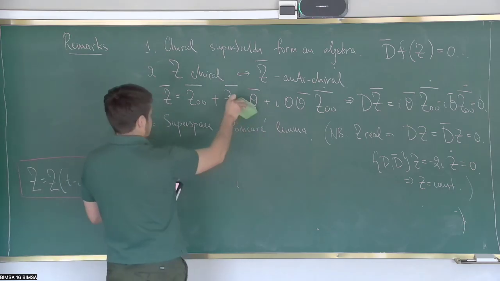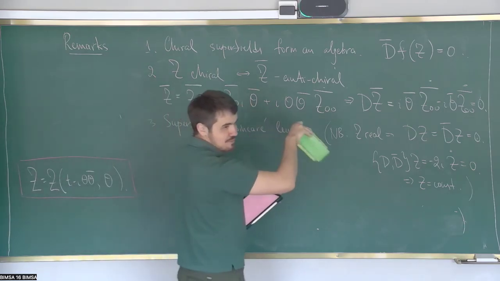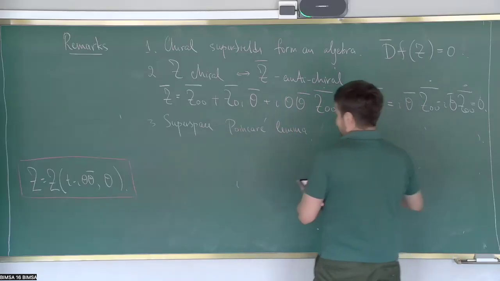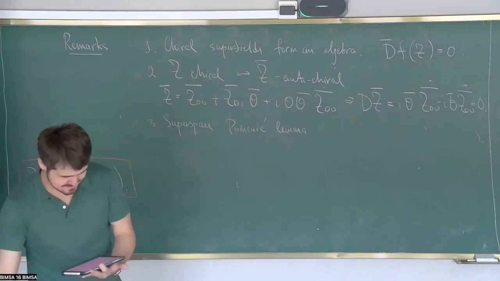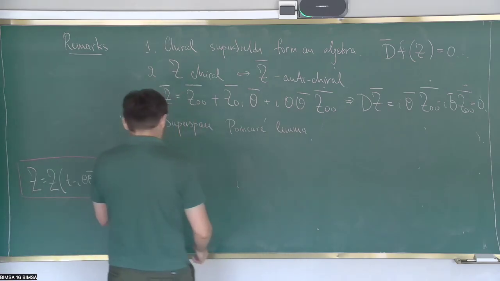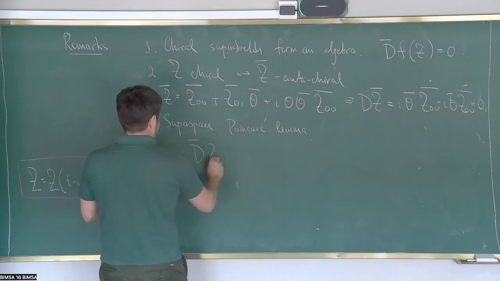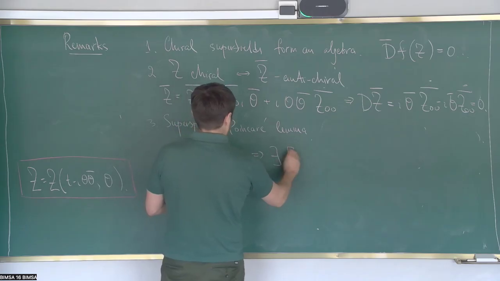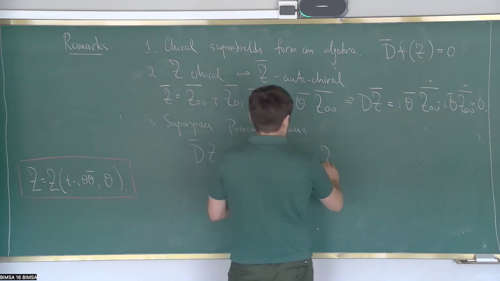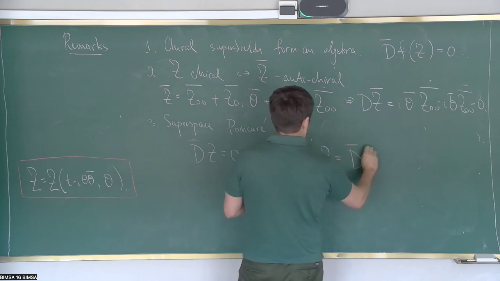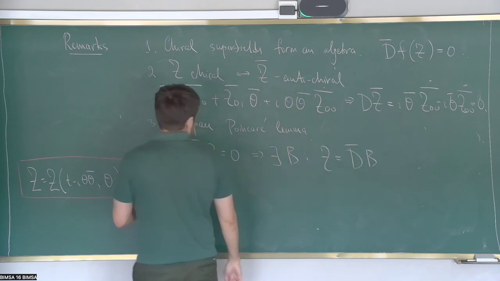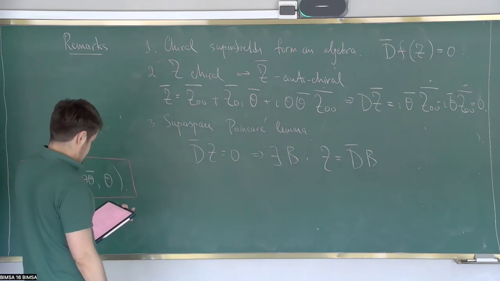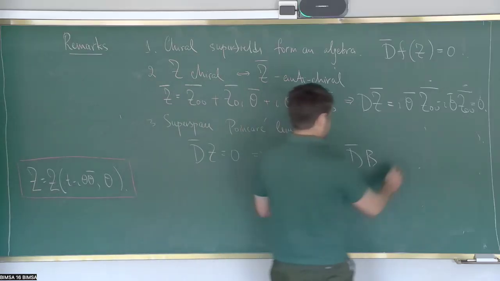If d bar z is 0, then there is such b that z equals d bar b. Since d bar squared is 0, the homology of d bar is trivial.